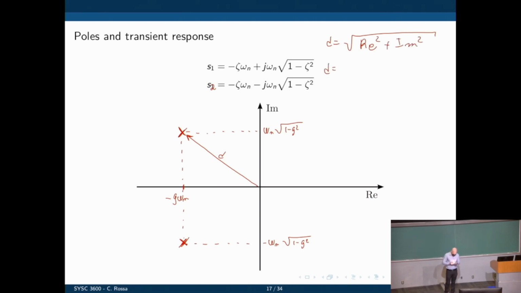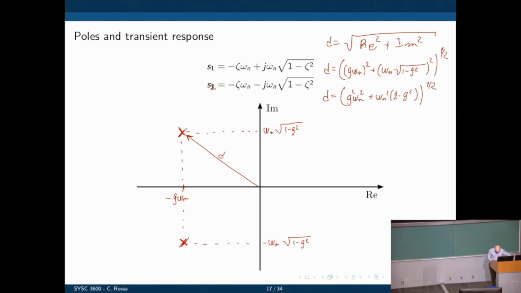So d is the square root of this plus that, all under the square root, 1 over 2. What you get as a result is d equals the square root of omega n squared zeta squared plus omega n squared times 1 minus zeta squared.